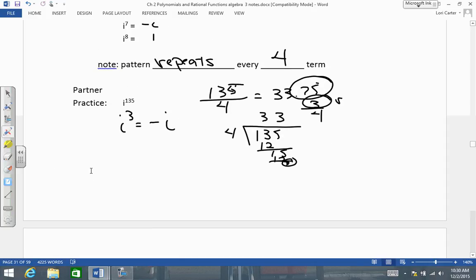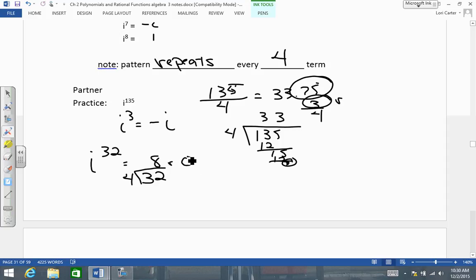All right, Logan, what's I to the 32nd? Hold on. What do you do with 32? The answer is 1, because 32 divided by 4 is 8, remainder 0.